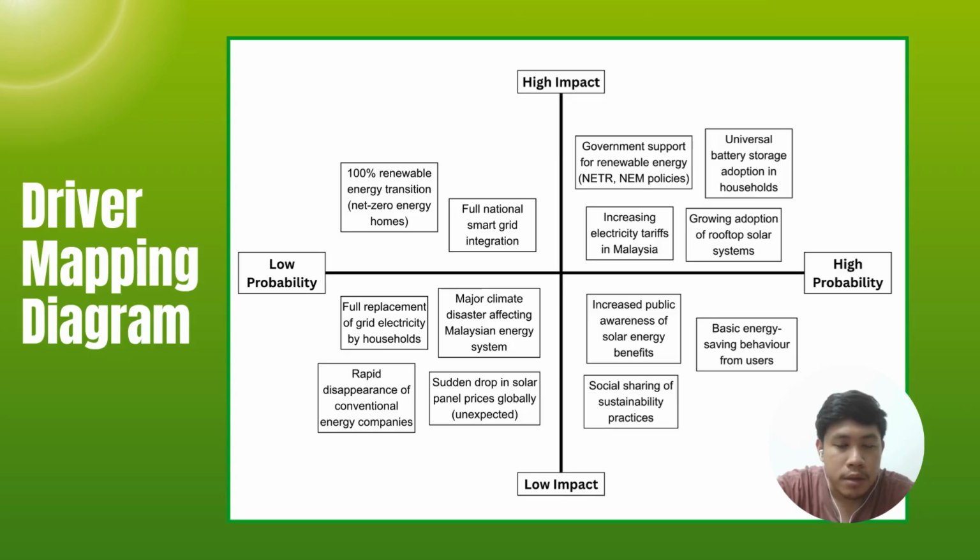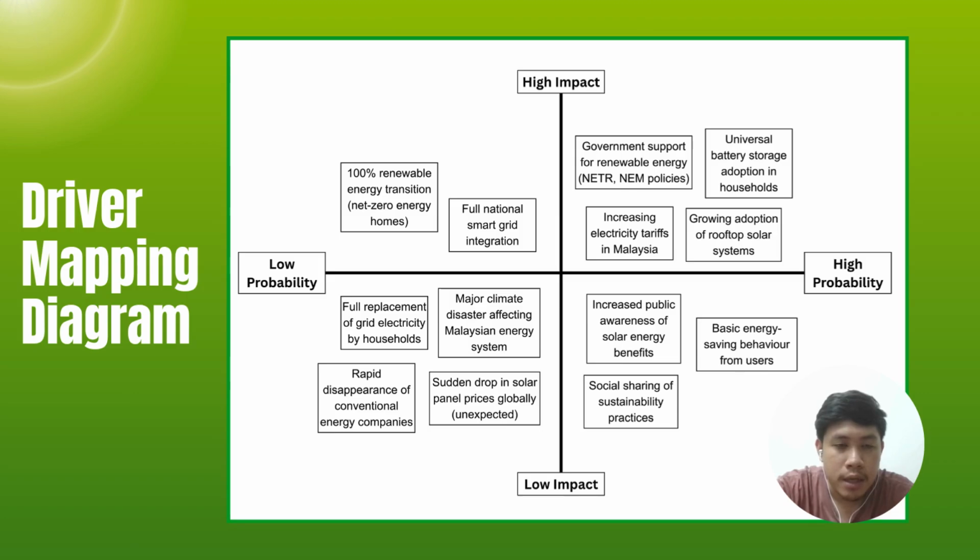We plot this on a grid with 4 distinct quadrants, with the top right part, which is the high impact and high probability area. So these are the most important factors for our system success.